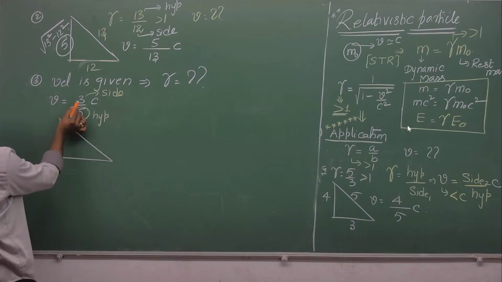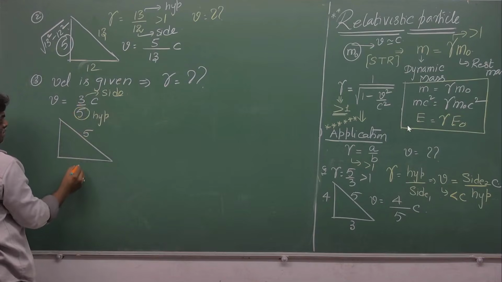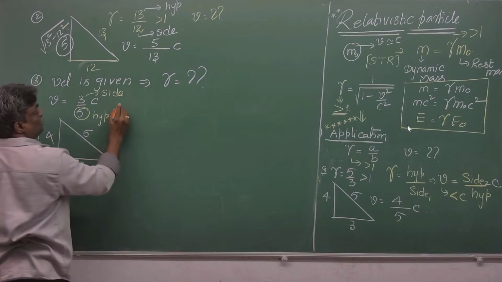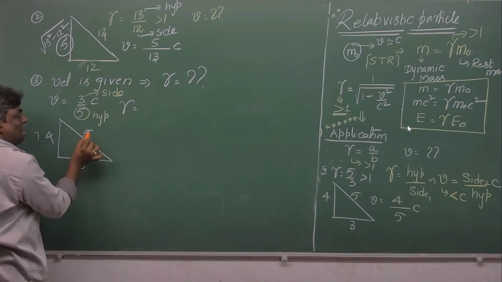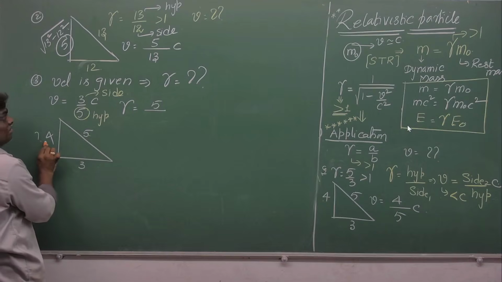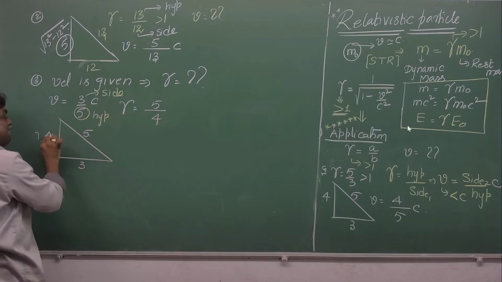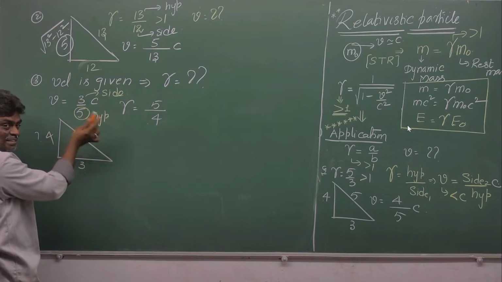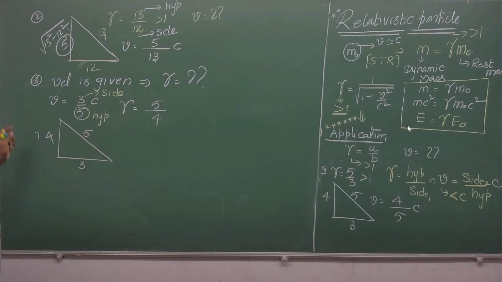Cool. So velocity hypotenuse. Other one. Here. Now we are finding gamma numerator. You should write other side, not earlier given one, other one. Is that clear? Write down.